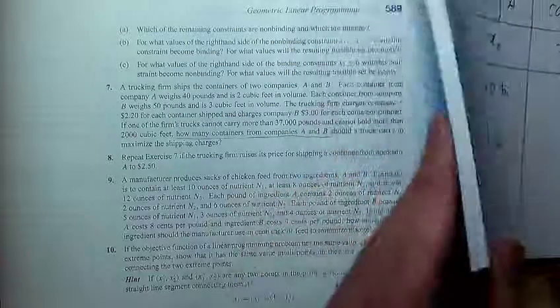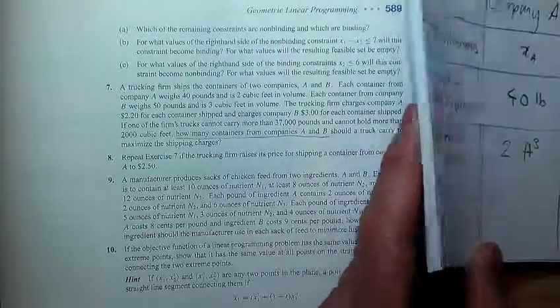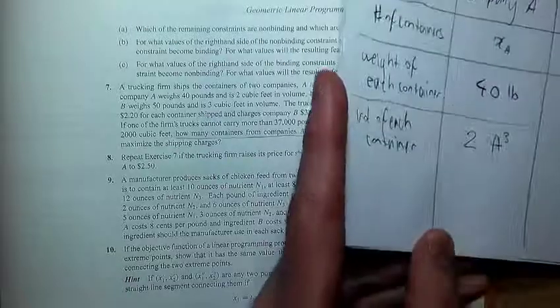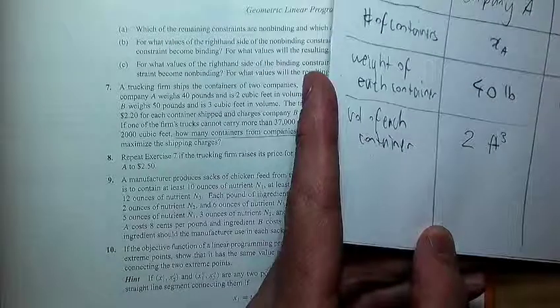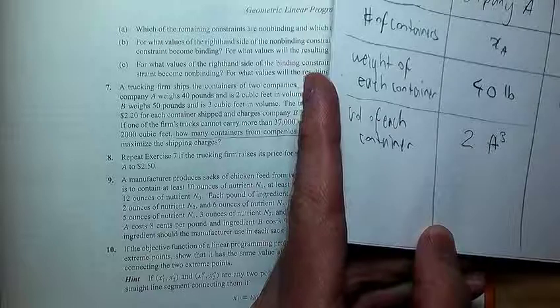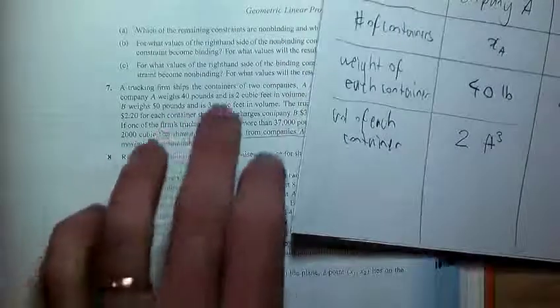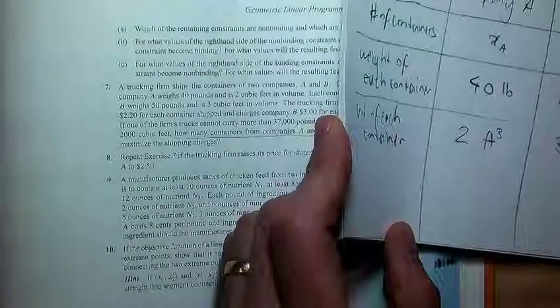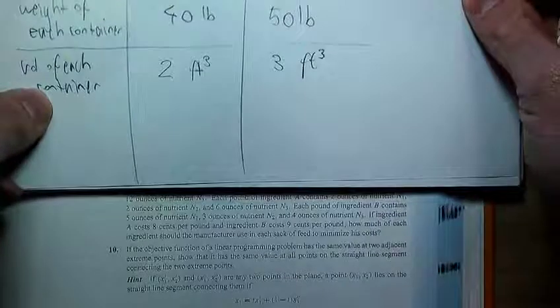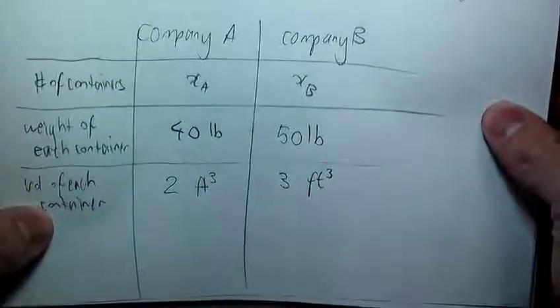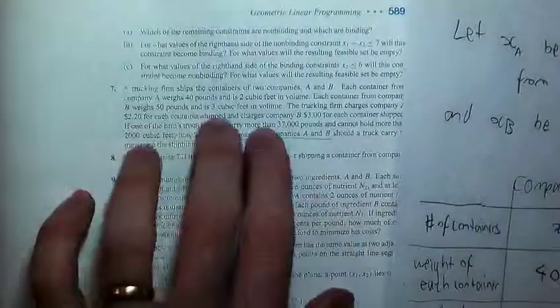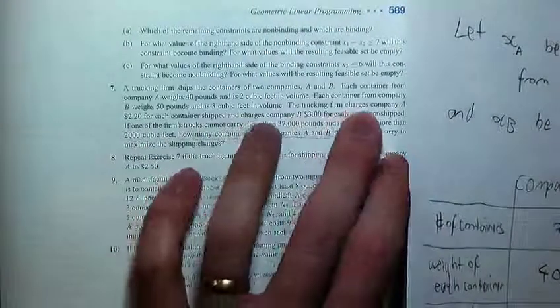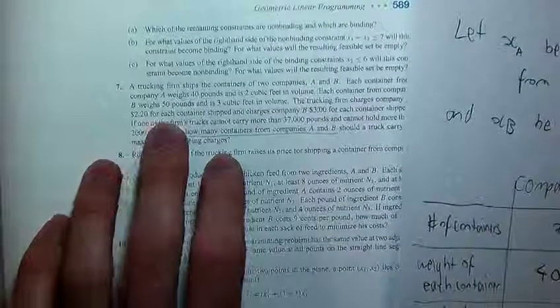Okay. Each container from company B weighs 50 pounds, and is 3 cubic feet in volume. Okay, so what I've done is I've added my information to the table, like that.